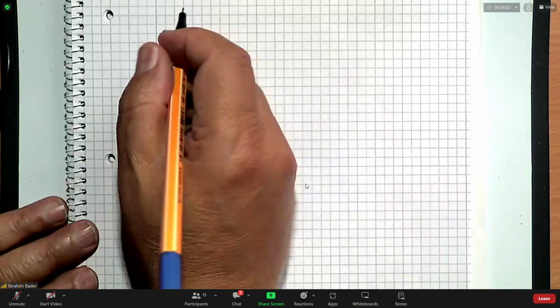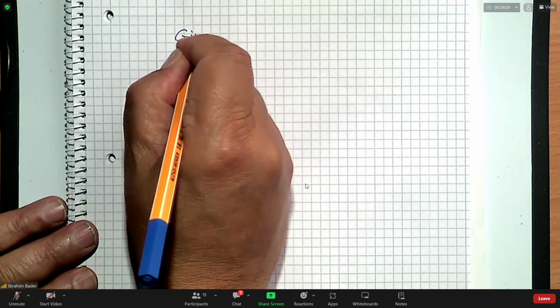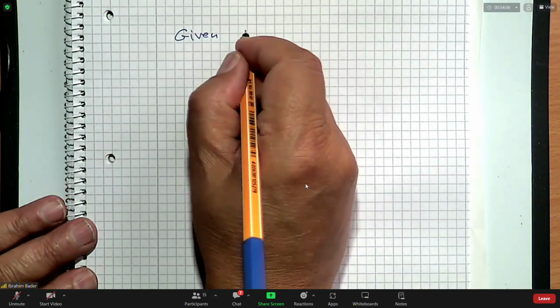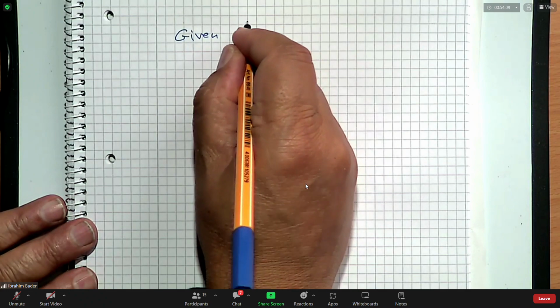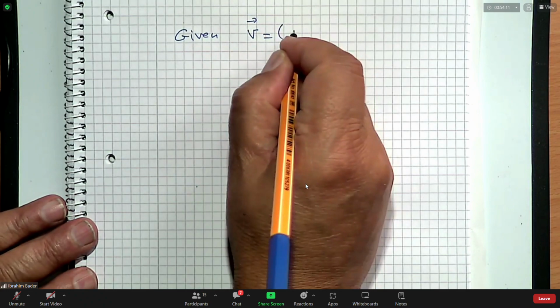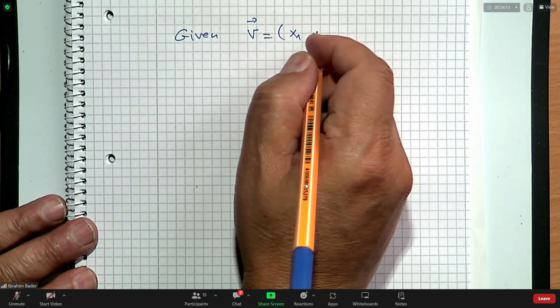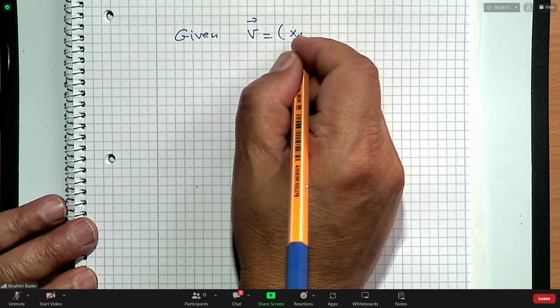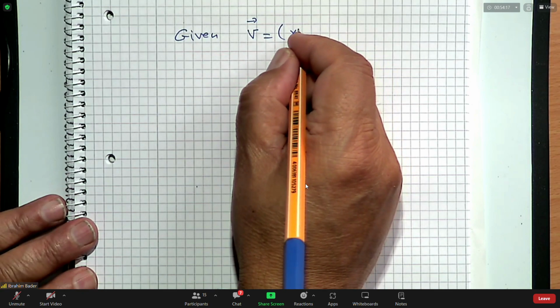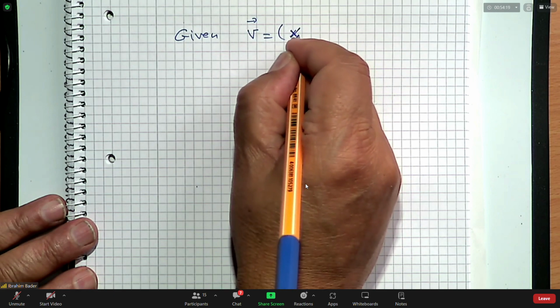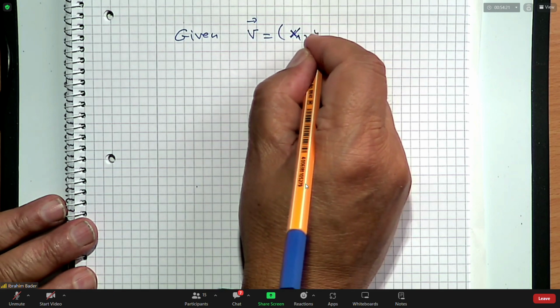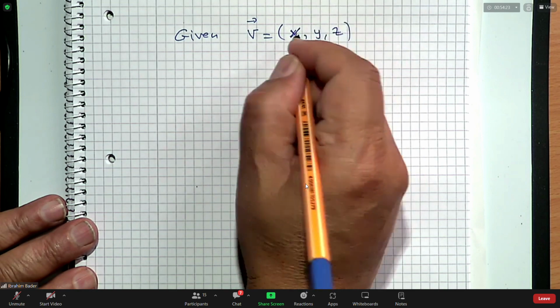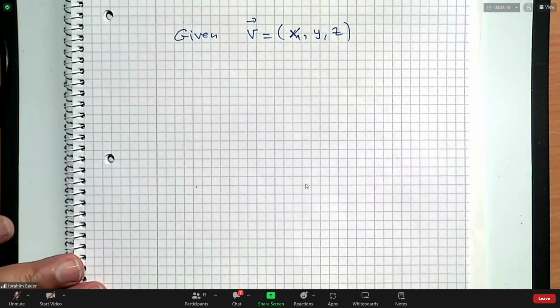Okay, so given a vector, let's take it in general. Let's call it V, and this is x1. Maybe this is too complicated. Let's take a vector in 3, and it can be generalized.